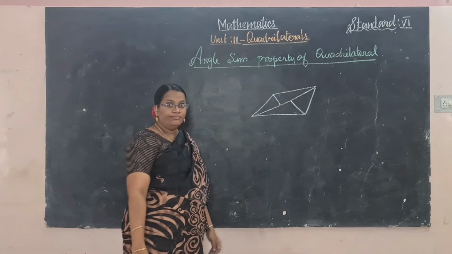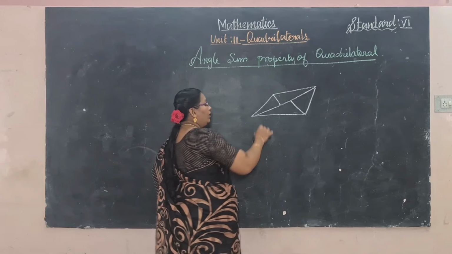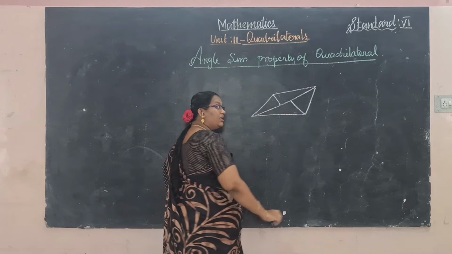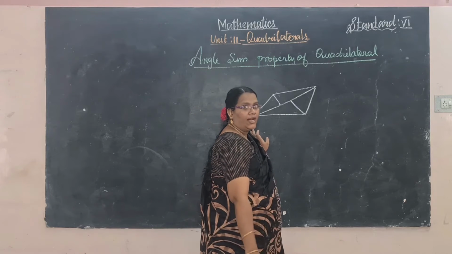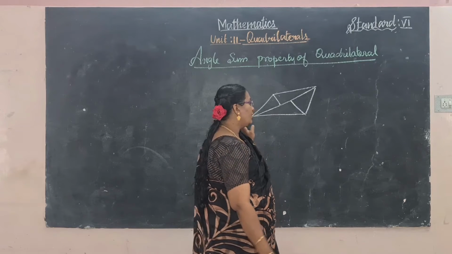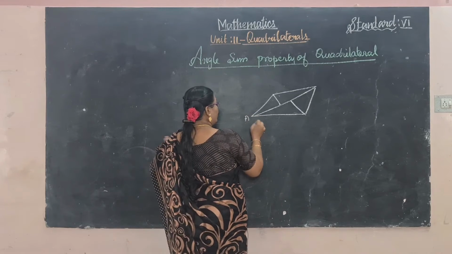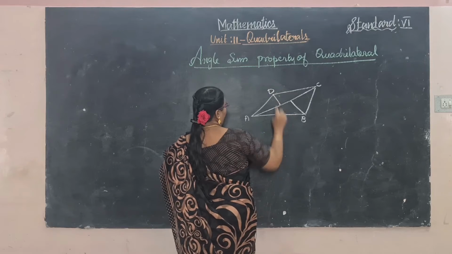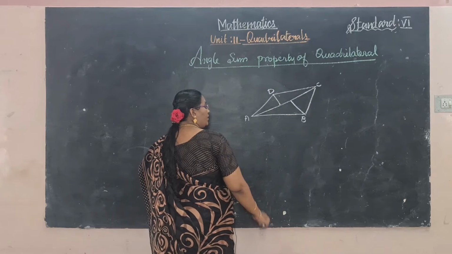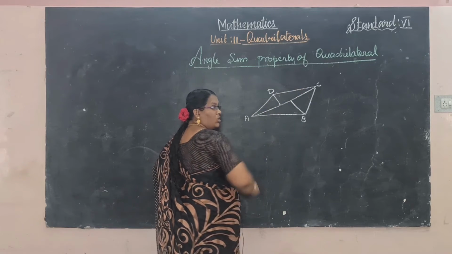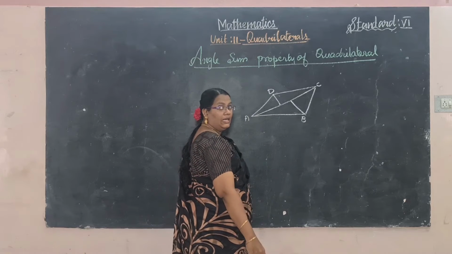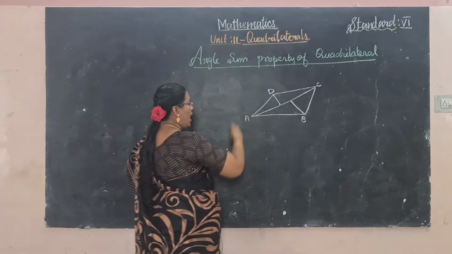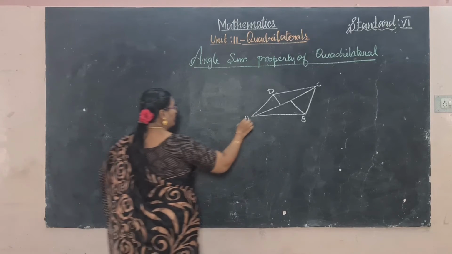Already you know the angle sum property of triangle: the sum of three angles is 180 degrees in a triangle. So we have used this here.